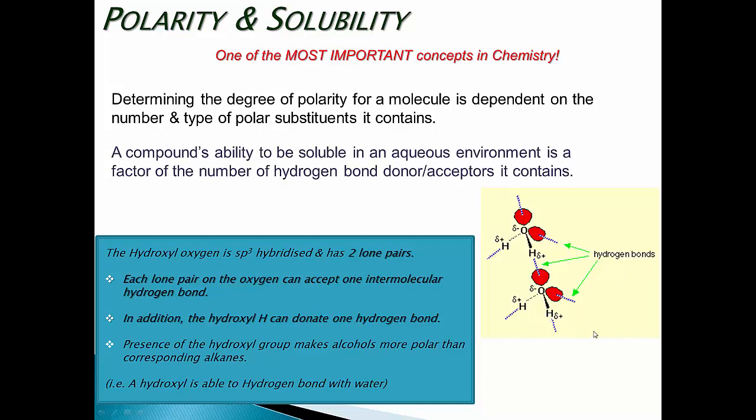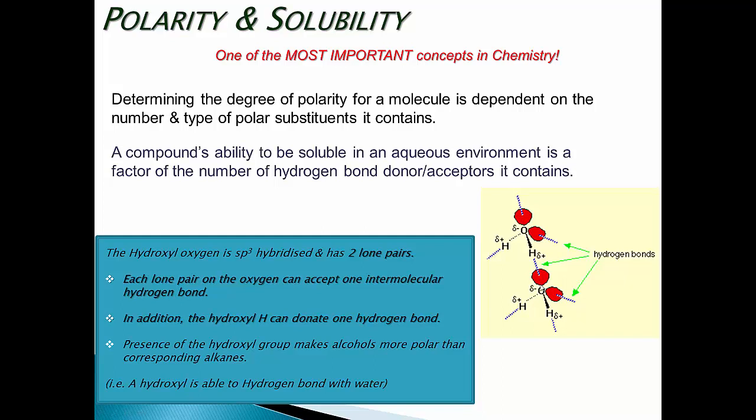So the presence of the hydroxyl groups make these hydrogen bonds. The oxygen's delta negative, the hydrogen's delta positive, and then that hydrogen bonds with another oxygen that's delta negative. So really you've got a hydrogen that's torn between 2 oxygens or 2 electronegative groups, and one of them has a covalent bond and one of them has what we call a hydrogen bond.